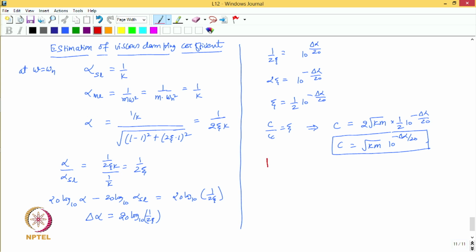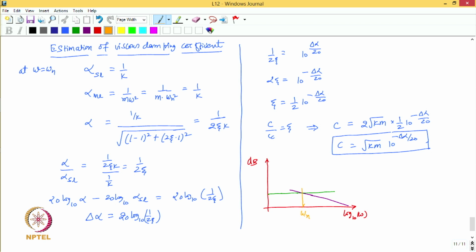So, let us make a plot of this first. Here we are plotting the magnitude in dB versus log frequency axis. Let us say this is the stiffness line we have, and we have the mass line, right. And we know that they intersect at omega equal to omega n.